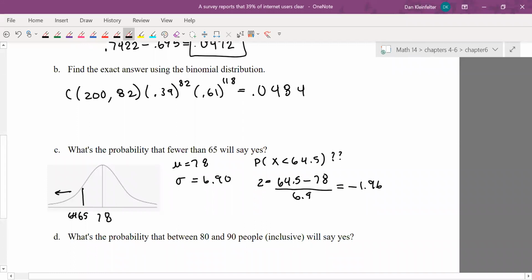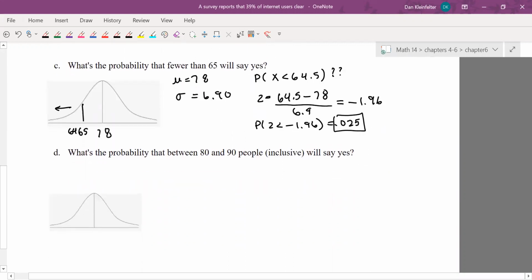Then we'll appeal to our z table and get 0.025, just about. Okay, so that's it, 0.025.